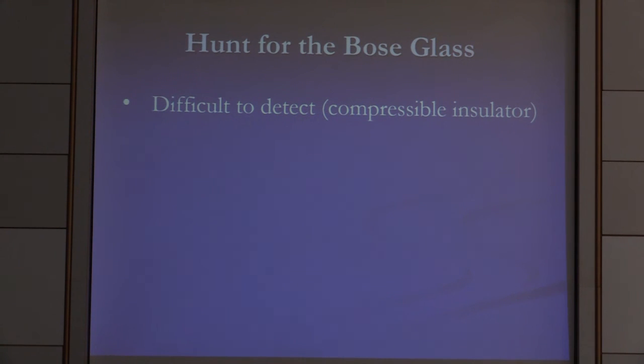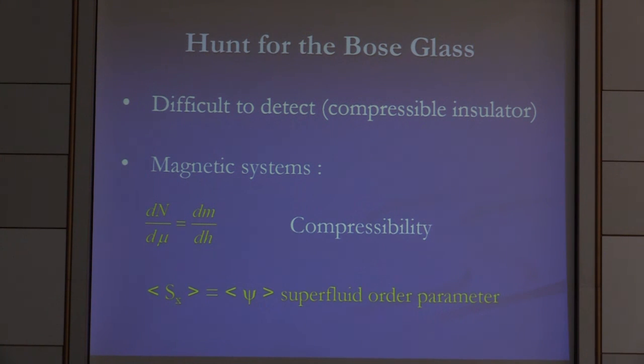But I just want to show you that people have used these magnetic insulators to test for this, because what you need to test for this Bose glass phase is that the phase is compressible, and that you can do very easily by computing dM/dh, because it's dN/dh for bosons. And you can also test that it has no superfluid order parameter, because measuring the superfluid order parameter is like measuring the Sx component of the magnetization in spin systems.